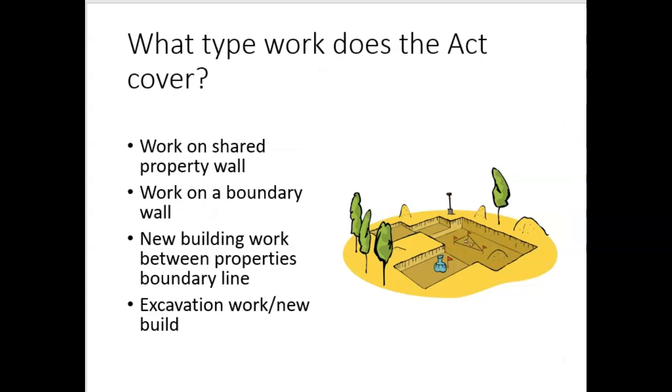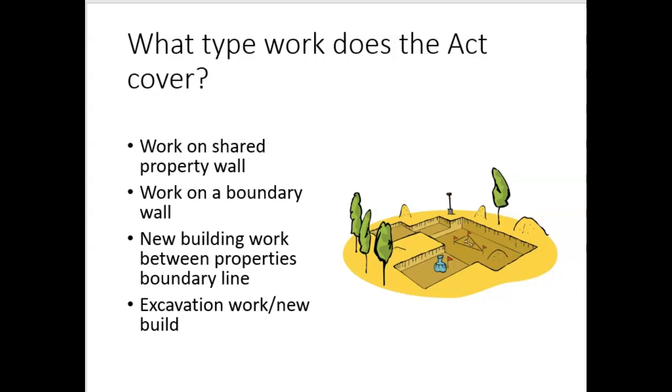So predominantly, it deals with any work being done of a significant nature to a shared property wall. It deals with any work on a boundary wall, any new building work between two properties on the boundary line, or any excavation work, new build in close proximity to the boundary line.